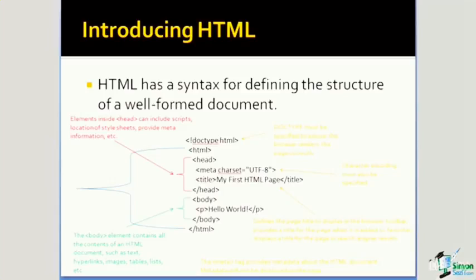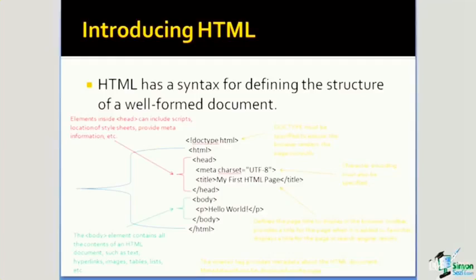The next section is the head section, and this contains information that is not displayed to the user, but provides data that can be used by search engines or the browser itself to provide additional information about the HTML page. The next tag is the body tag, and this is where everything that the user is going to see is included.